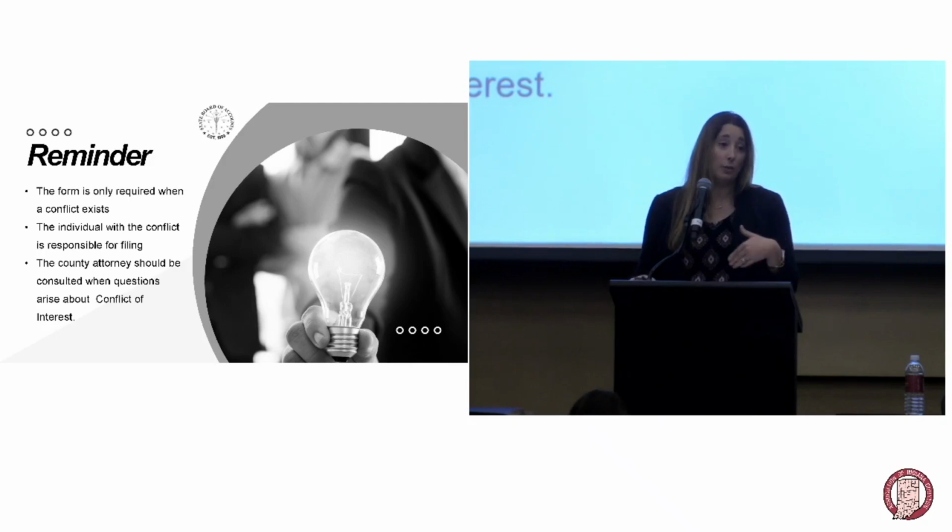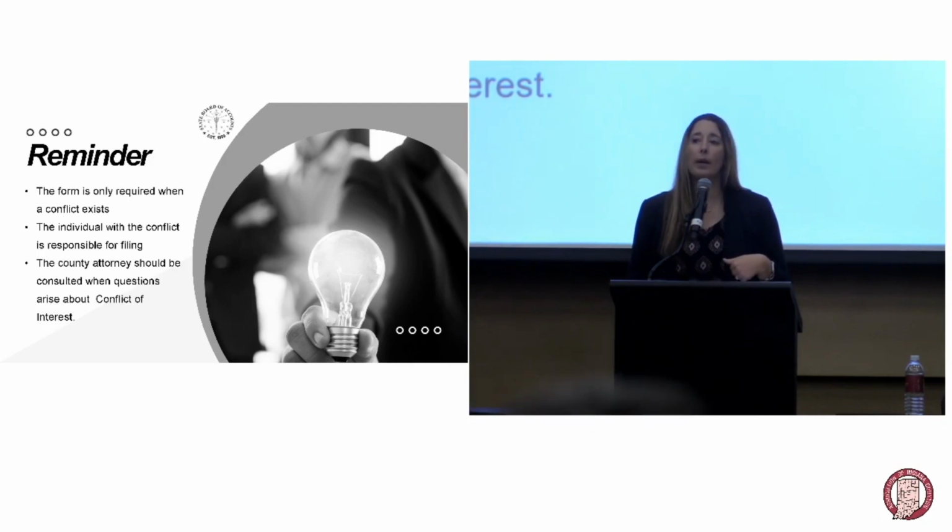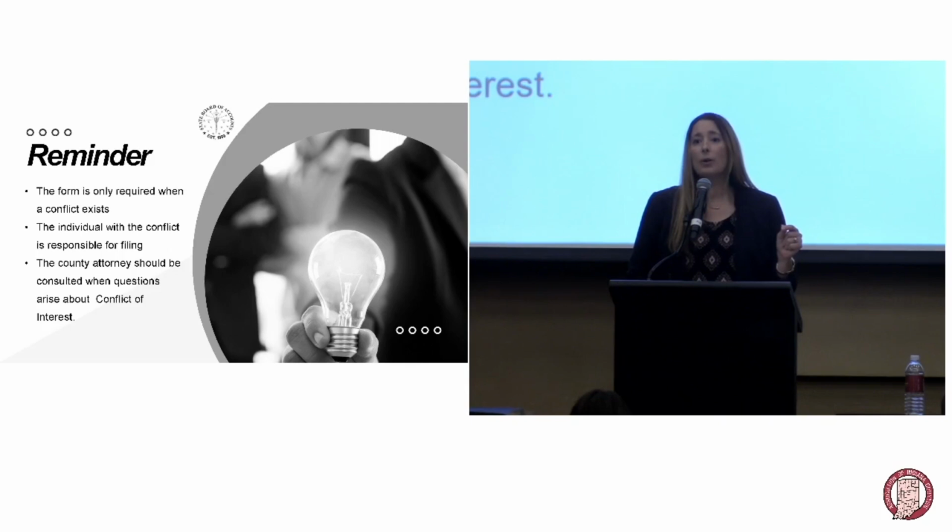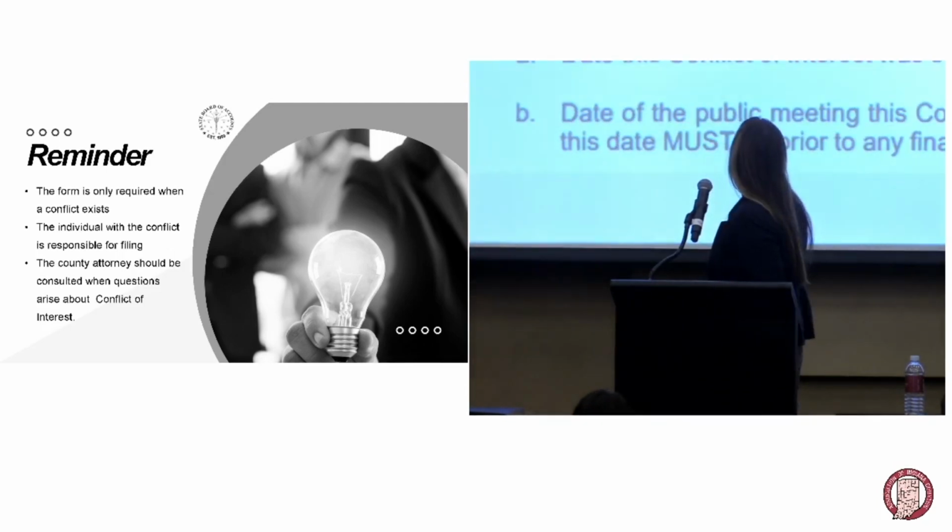It's easier to sort through too if we're only entering the ones that we need to, because when you go into Gateway, has anybody ever tried to look up a conflict of interest? If you are a county where everybody files one, you have to go through them, and it depends on how you name them. Let me see if I can go back to this.